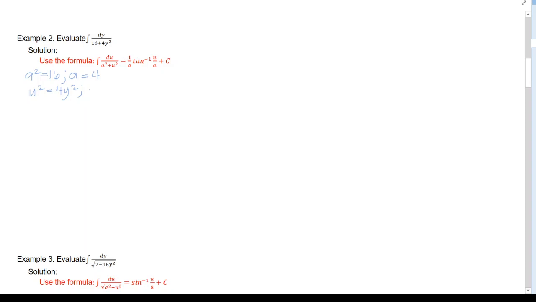To get the value of u, let us get the square root of both sides: the square root of 4y squared is equal to 2y. If we check, 2y times 2y is still 4y squared.